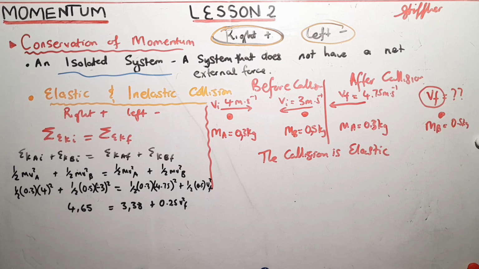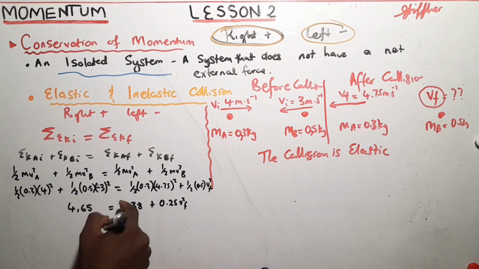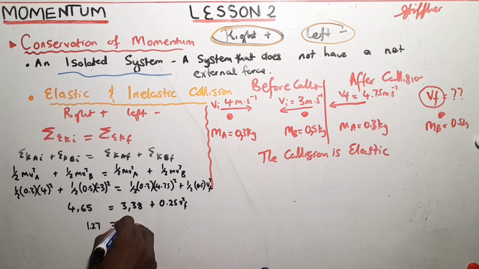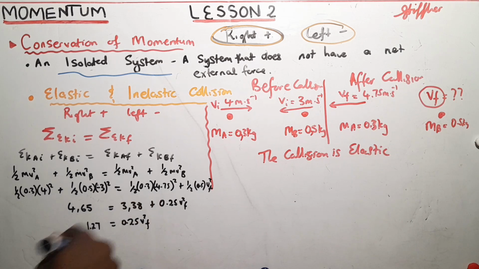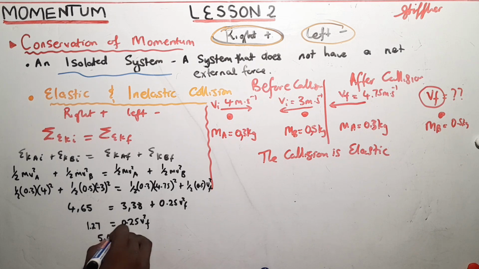So we can take 3.38 to that side, and on this side we got 1.27, being equal to 0.25 v squared final, and we can divide by 0.25 both sides. So this side becomes 5.08, being equal to v squared final.